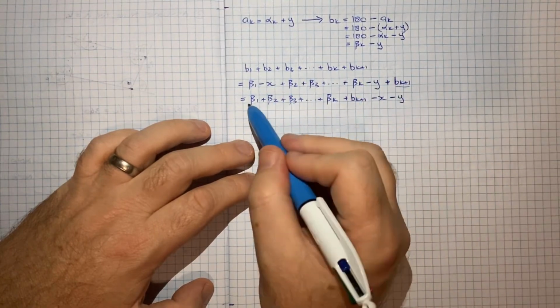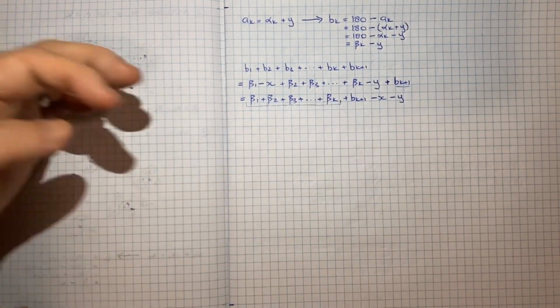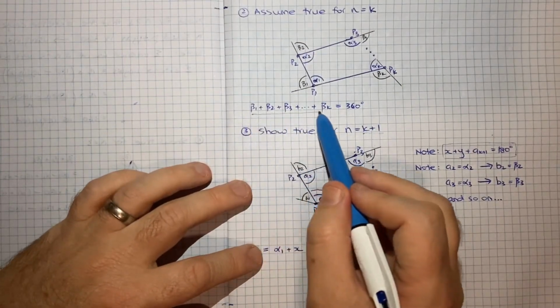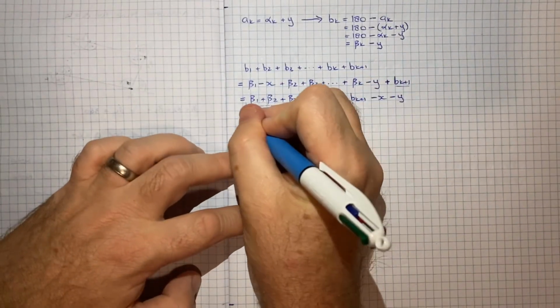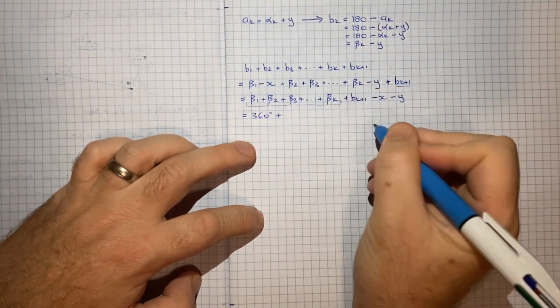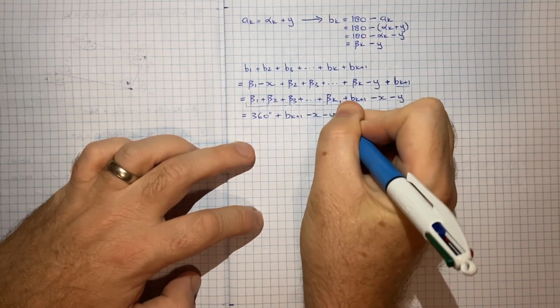And now here we can see this first bit here gives us our link to our assumption in step 2, because that's what we've assumed to be 360 degrees. So I can just write that in now. So that's 360 degrees plus bk plus 1 minus x minus y.